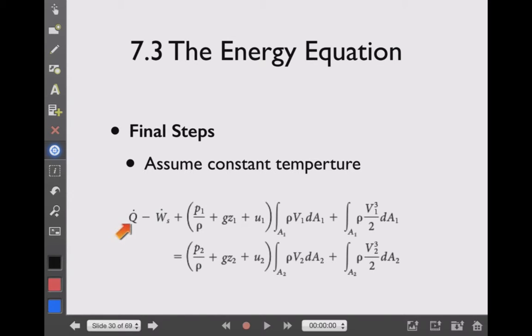We're still carrying the internal energy, the heat transfer terms and the shaft work over here. But remember, these two P's have come from the flow work. Those are the pressure forces, but that's conveniently packed into here.